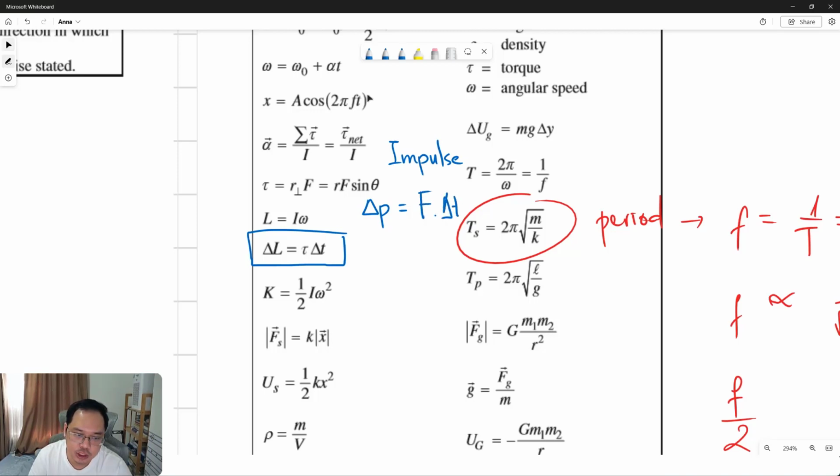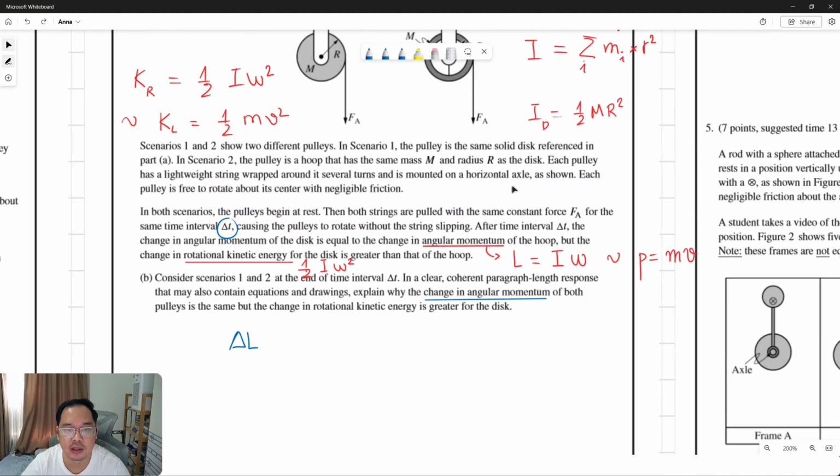So here, the change in angular momentum is equal to the torque multiplied with the time interval delta t, normally a very short amount of time. We need to prove that the change in angular momentum here is the same for both objects, and apply that formula, the torque multiplied with the time interval delta t.